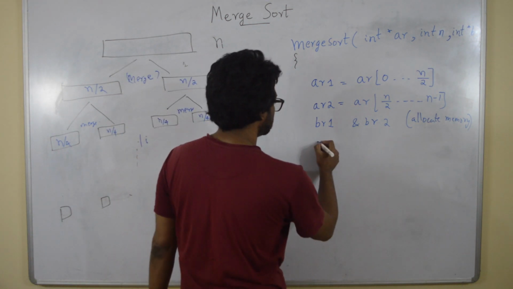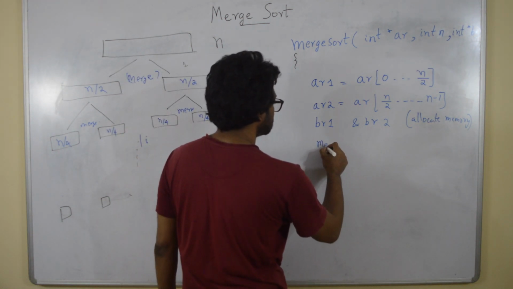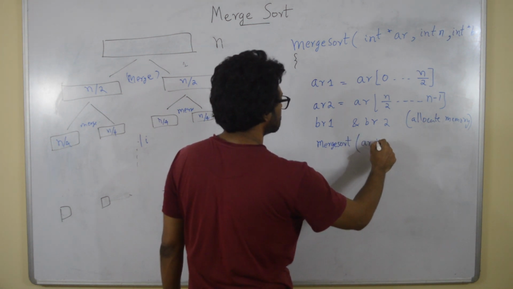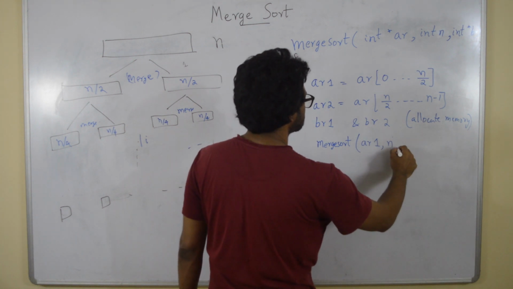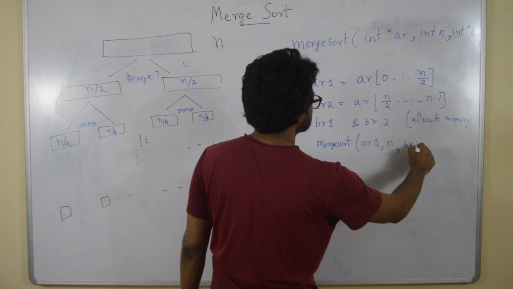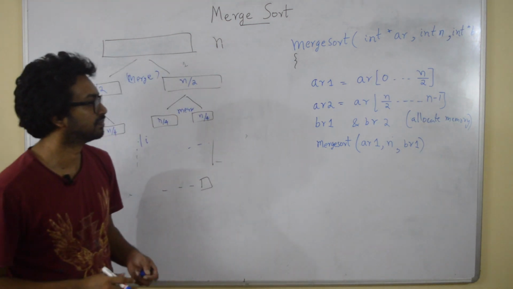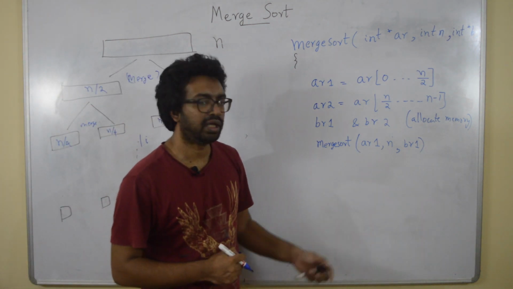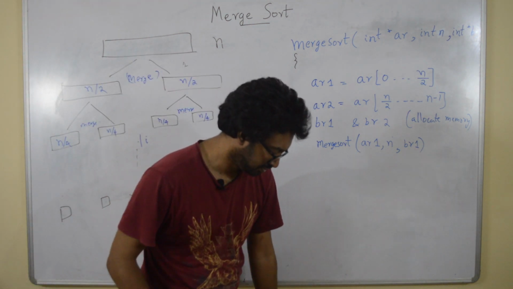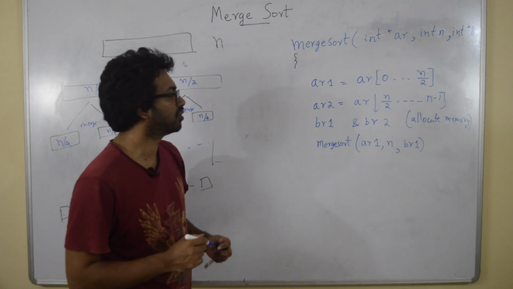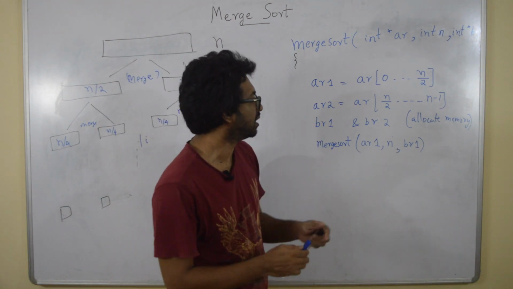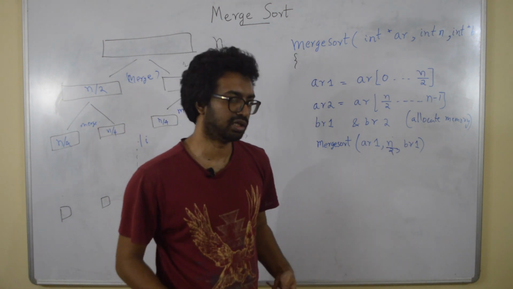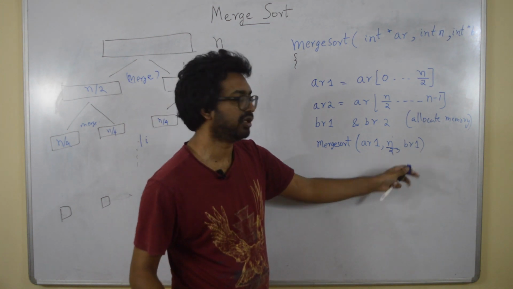So what happens? We're going to call merge sort on AR1, whose size is n by 2, sorry, and we pass BR1 where the result is copied. The sorted array is now copied into BR1.